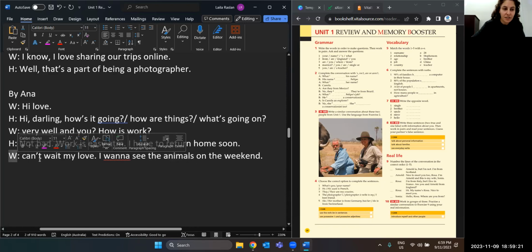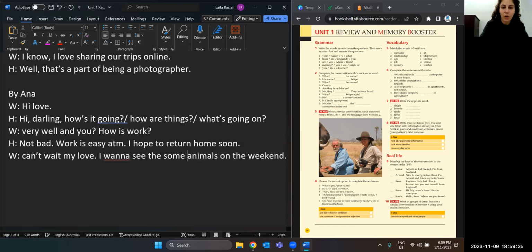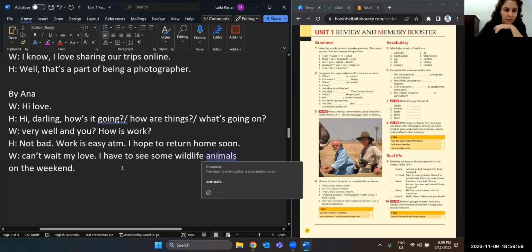She is an explorer. I want to see some wildlife animals on the weekend. Maybe for work, I have to see some wildlife animals on the weekend, because she could be talking about her job.